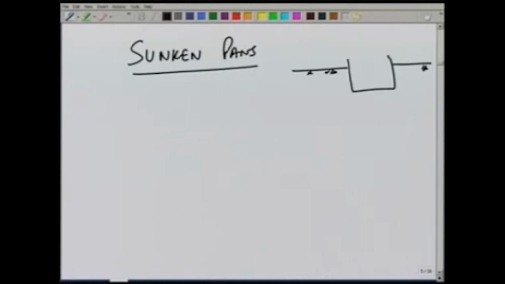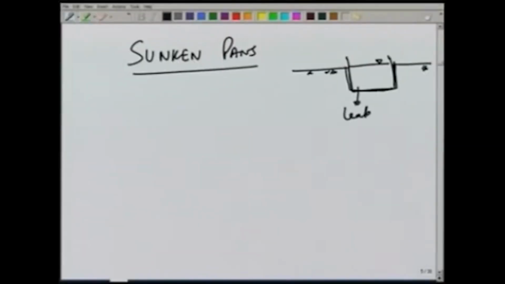There is some part extending above ground, and water level typically corresponds to the ground level, and since this is sunk, the sides and the bottom are not exposed to solar radiation, and therefore this will be closer to the lake condition than the class A pan or the IS pan.